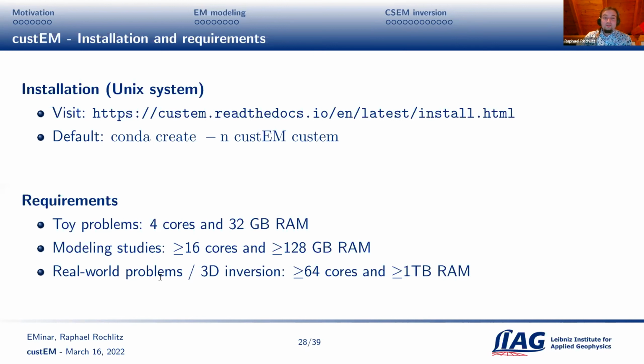And for real-world problems and large 3D inversions, you need more than 60 cores and 1 TB RAM. That's what I would suggest. I forgot to mention that the larger synthetic inversion required 1.2 TB RAM for calculating 12 frequencies in parallel. So this is the amount of RAM I required so far.